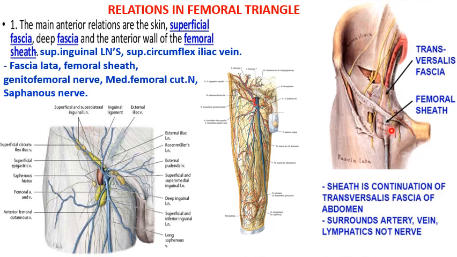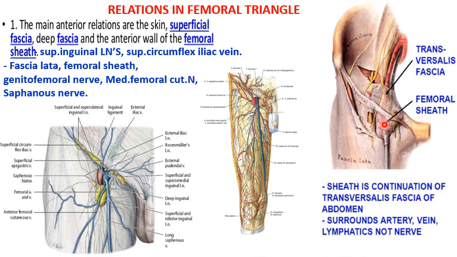That's how the femoral sheath is formed around the femoral vessels and not around the femoral nerve. So the femoral nerve is not included in the femoral sheath. Anteriorly, I repeat again, the femoral sheath is formed by extension of fascia transversalis anteriorly and fascia iliaca behind.